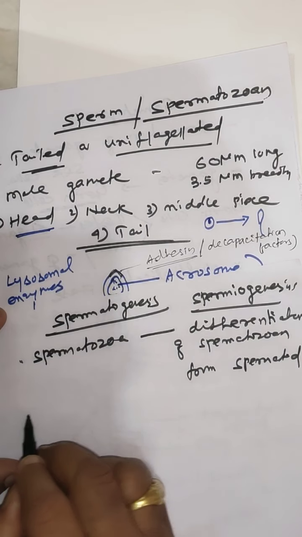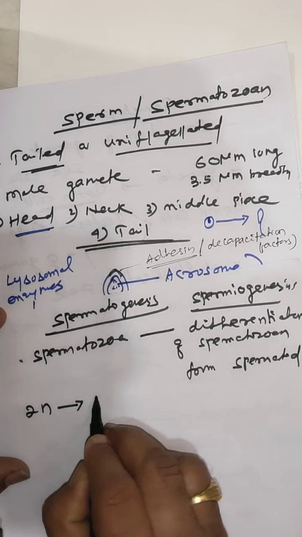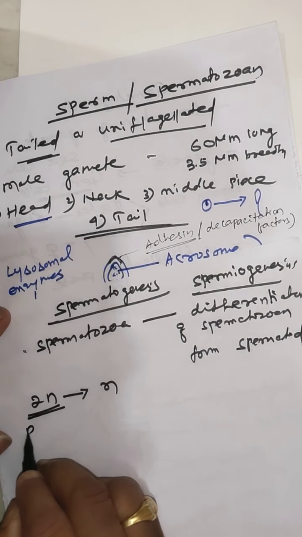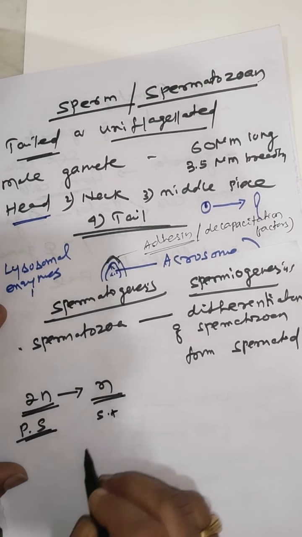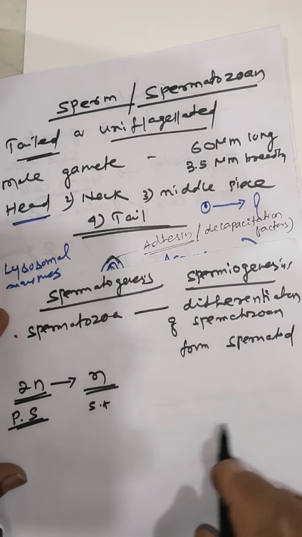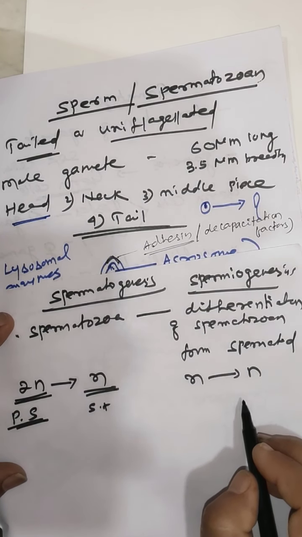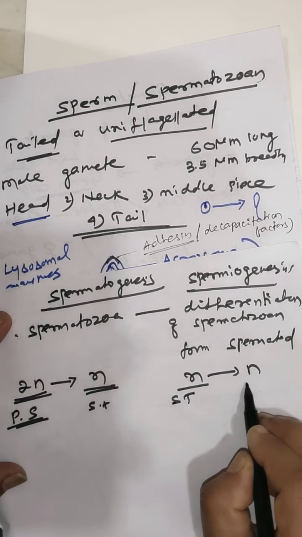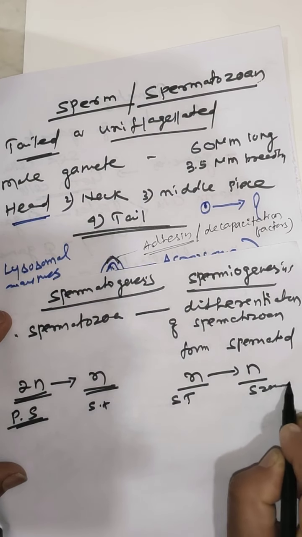Spermatogenesis involves conversion of a diploid structure into a haploid structure, that is, the diploid primary spermatocyte converts into haploid spermatids, whereas in spermiogenesis a haploid spermatid converts into another haploid structure, the haploid spermatozoan.